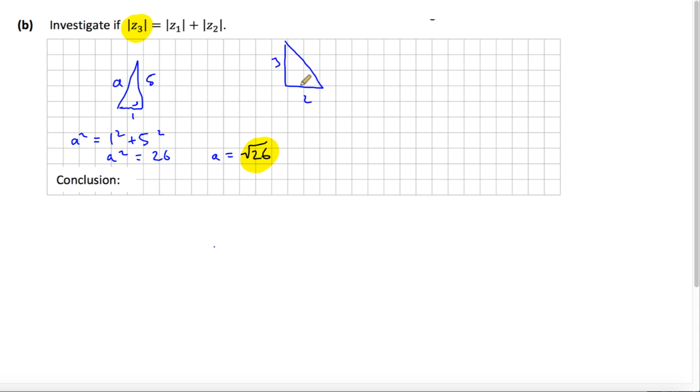That's 3, that's 2, it's a right angle. And this time we're looking for, we'll call it B this time. So B squared is equal to 3 squared plus 2 squared. B squared is equal to 9 plus 4, which is 13. So B is root 13. So just again, so we're clear, the modulus of Z1 is root 13.